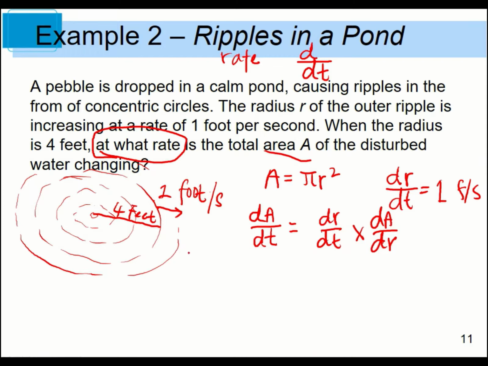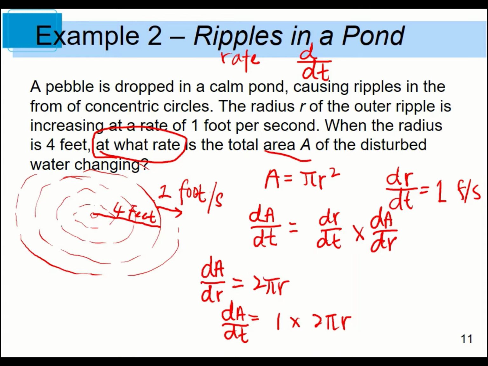In this case, first we need to find dA/dr. So we differentiate A with respect to r, and from here we have 2 pi r. Now dA/dt will be 1 times 2 pi r, since dr/dt is 1 and dA/dr is 2 pi r.